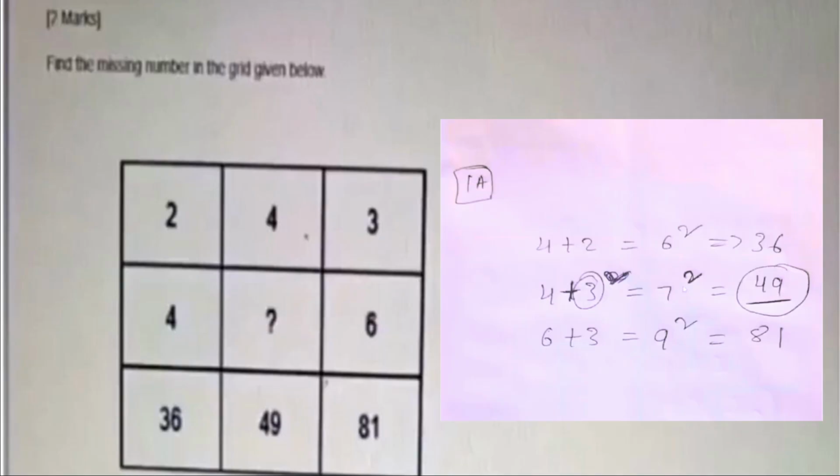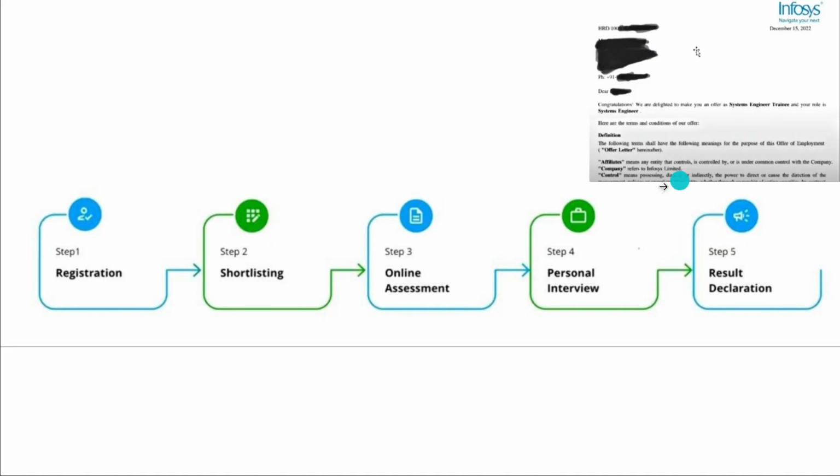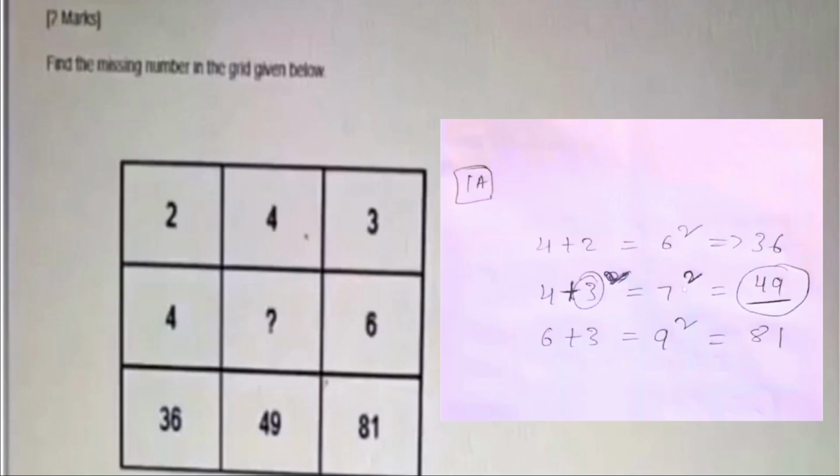Now, the pseudocode question. This is a real-time interview question from the last 1.5 years, from those who were selected through our page for the Infosys system engineer role with the offer letter. I'll just explain this question.